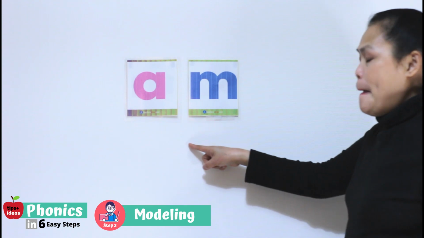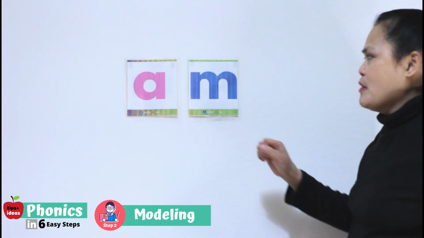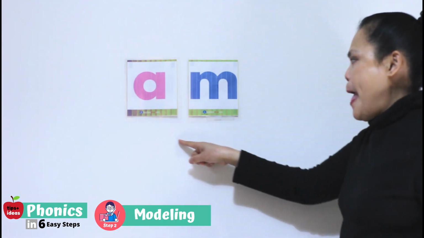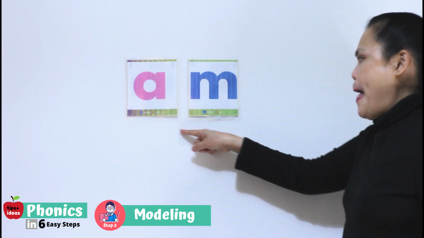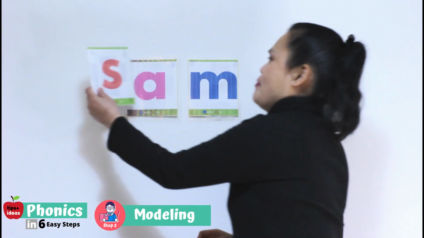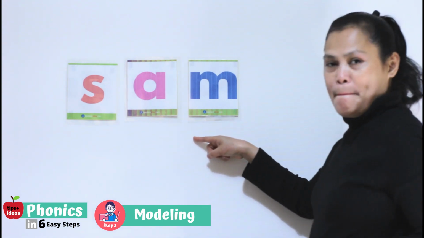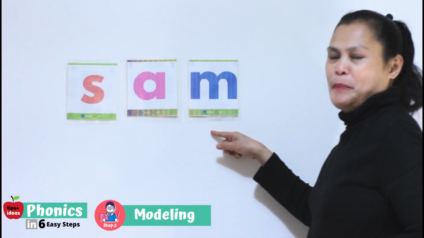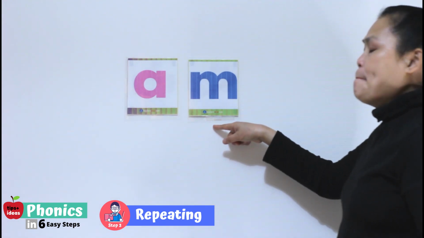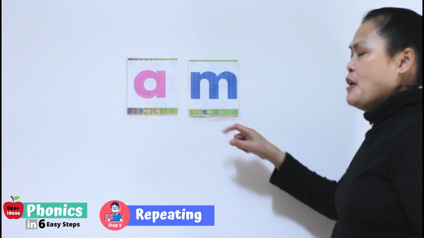Listen. Say the word. Am. What word? Am. Next word. Sam. Say the word. Sam. What word? Sam. Now repeat after me. Am. Repeat after me.